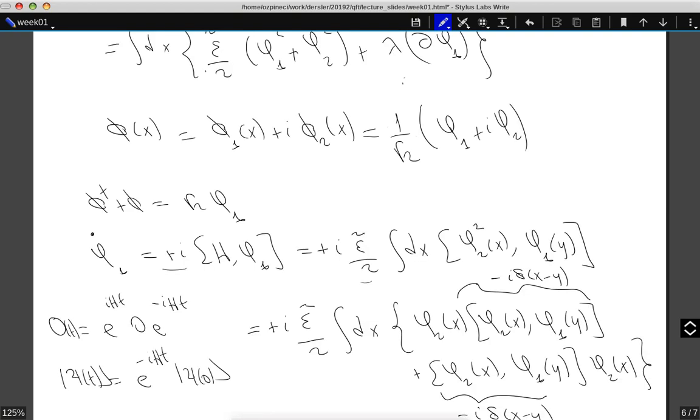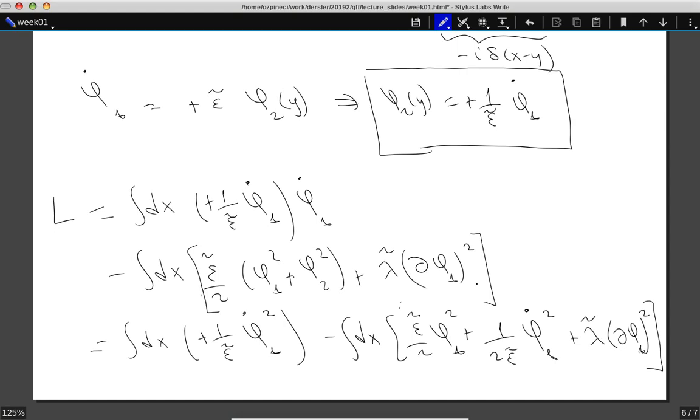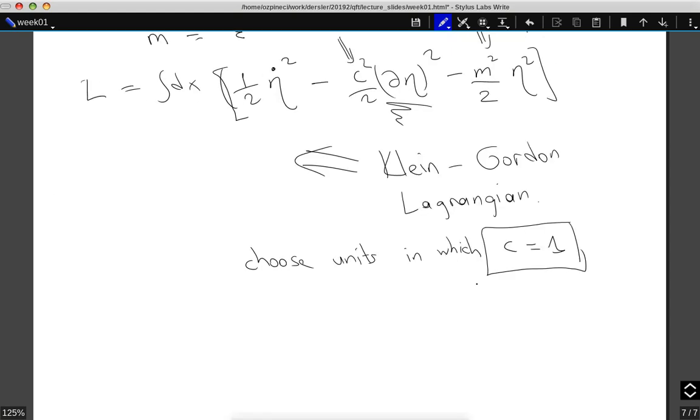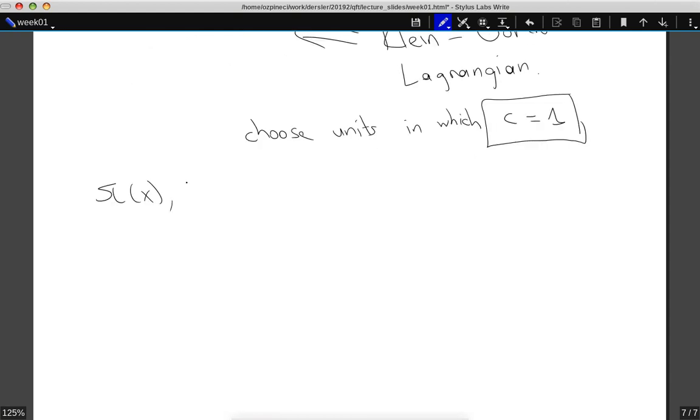And then the quantization condition is just like imposing the commutators of P and Q. Here, in this case, once we know the Lagrangian, we can identify the corresponding momentum. The commutation relation between momentum and the coordinates will be just minus i h bar, Dirac delta of x minus y.